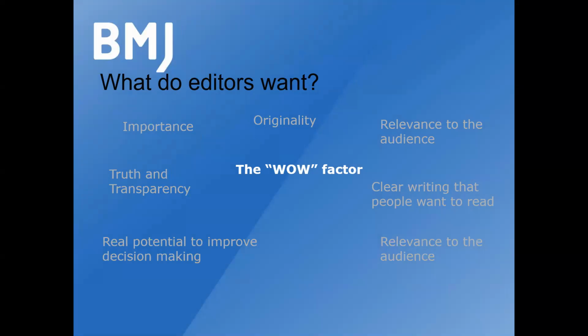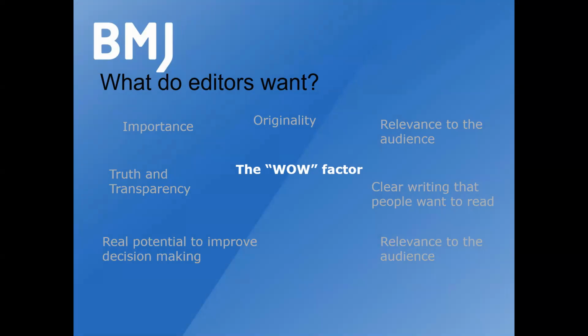What do editors want? This is true of almost any journal, of course, and of quality improvement journals as well. They want work that's important, that has the potential to improve decision making, that's relevant to a particular audience. In this case, it's an interprofessional audience because we know quality improvement is a team-based activity.